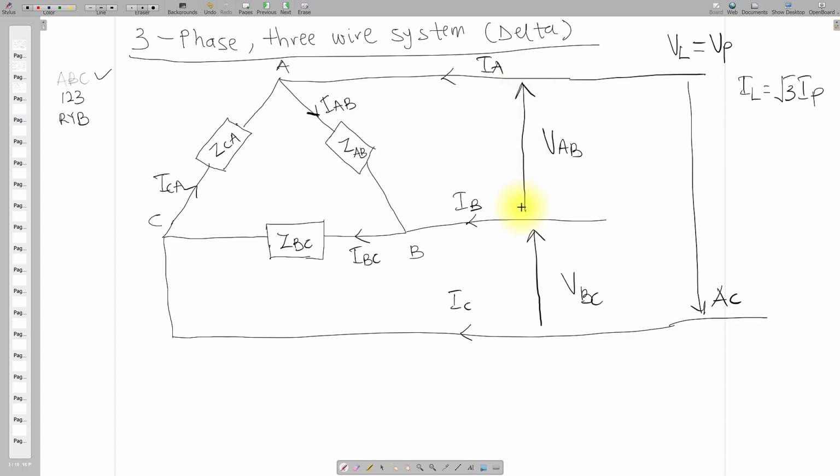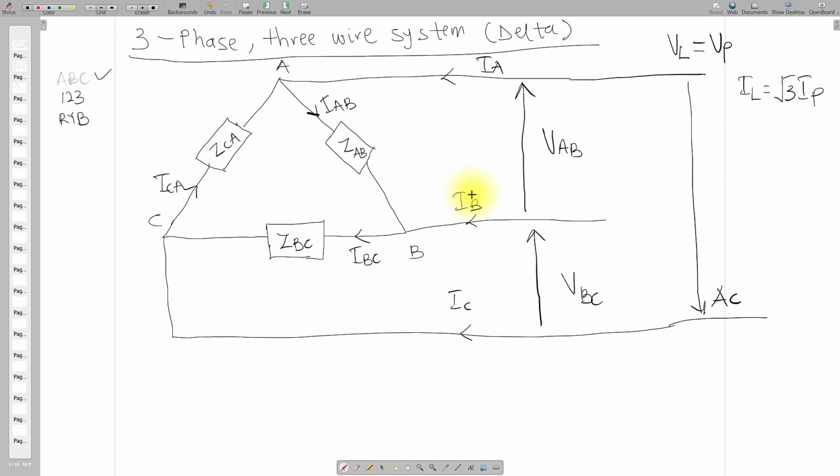If I have a voltage VAB across this phase, it is the same voltage across ZAB. A voltage VBC is the same voltage across this phase BC. And this voltage VAC is the same voltage across this phase AC.